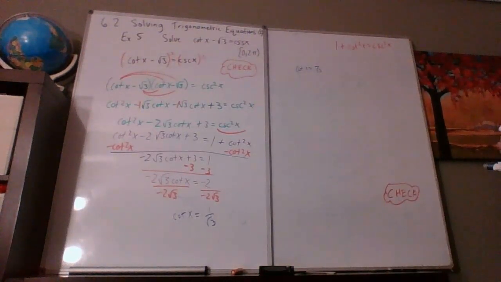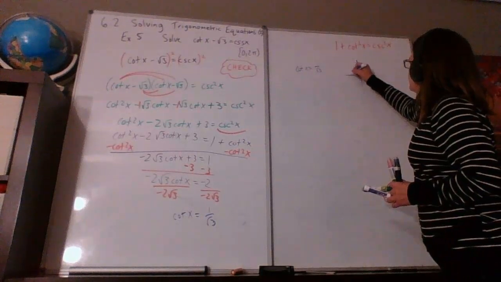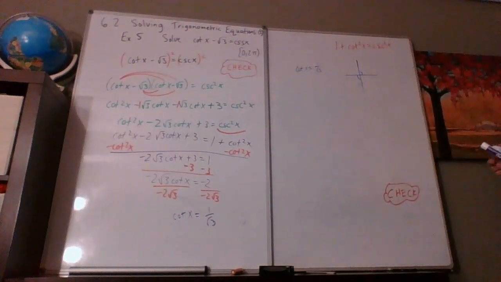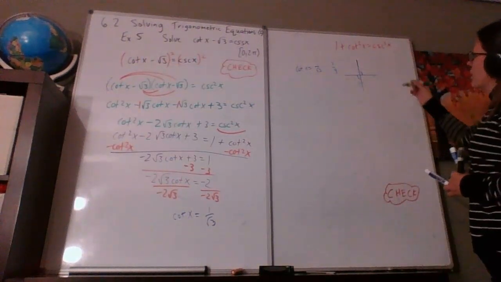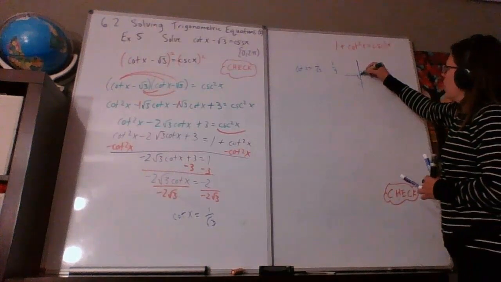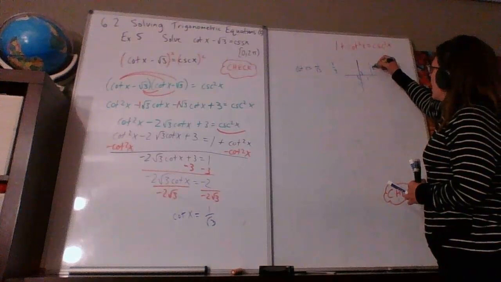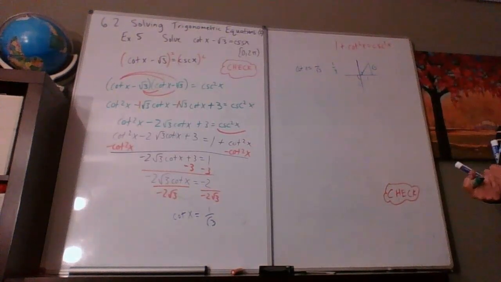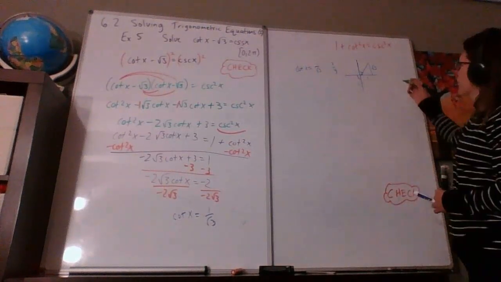Where is cotangent positive? It's going to be in the same quadrants where tangent is positive. So that's in quadrants 1 and 3. Now we can think of cotangent as being x over y. So therefore we could write our x value is 1 and our y value is rad 3. So that's going to be a special angle of 60 degrees or pi over 3.